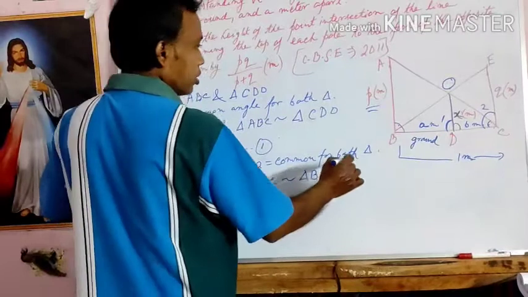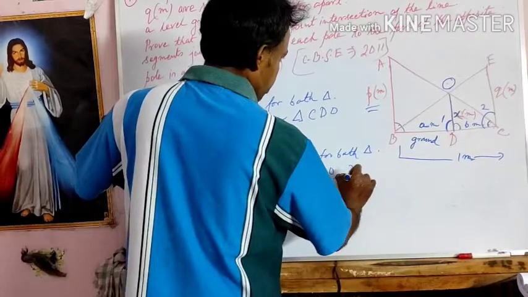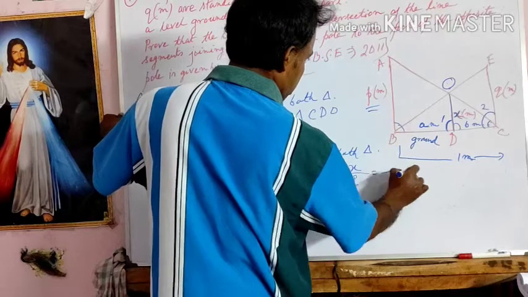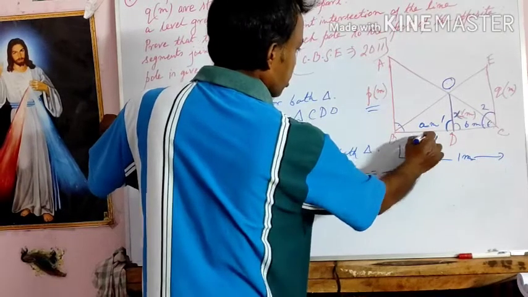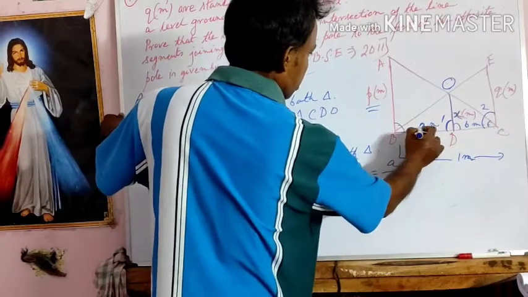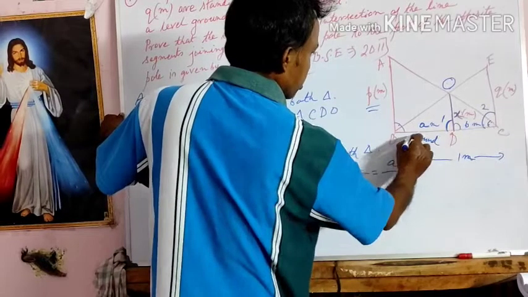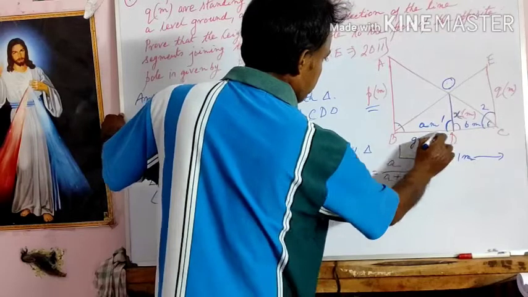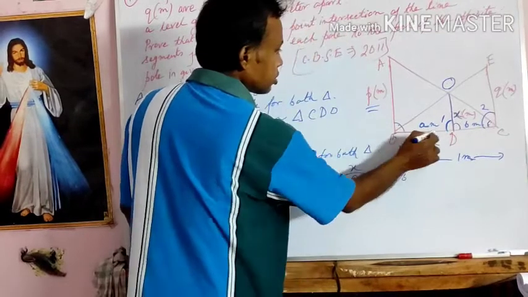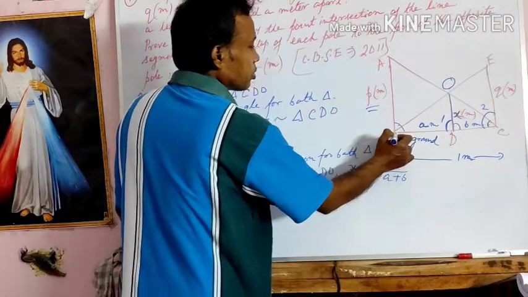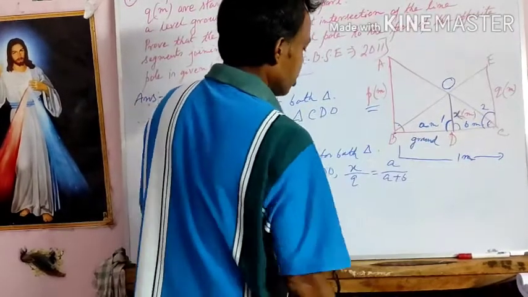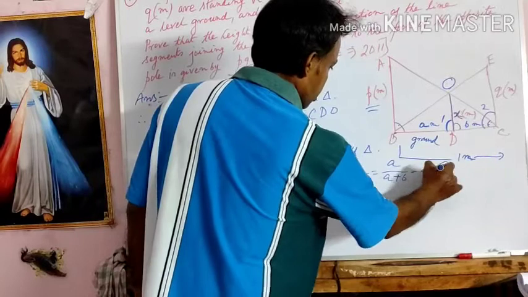Therefore, we can write x by Q is equal to a by a plus b. BD is equal to a, and this is equal to b. This is our equation 2.